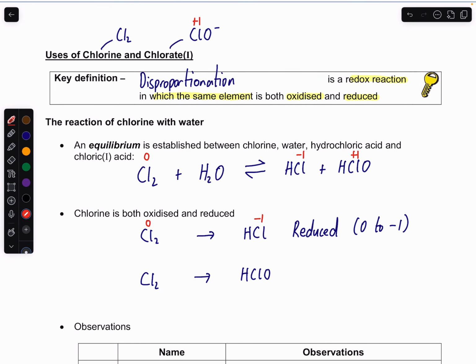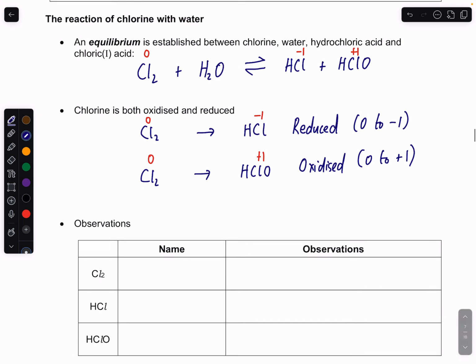And in the second example, when we're forming chloric 1 acid, the chlorine has been oxidized because we start at 0 oxidation state and we're going to +1, so we're losing electrons, we're becoming more positive.